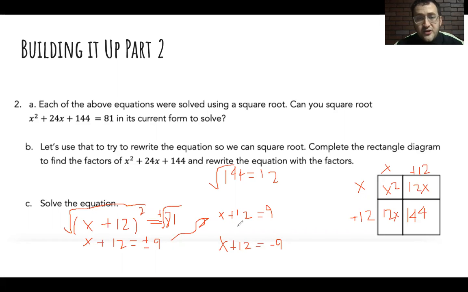So if I'm actually solving these equations, I'm going to get x equals negative 3, or x equals negative 21. So this kind of builds into a completing the square for the sake of solving.